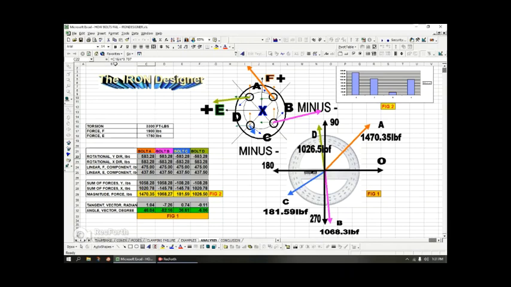So if you look inside this cell, I get the value C16, which is the 3,300, divided by 4, because there's 4 bolts, and I multiply it times 0.707, because I'm trying to find only the Y component of the vector perpendicular to the centroid.